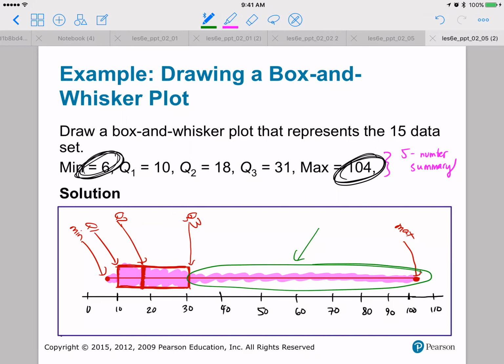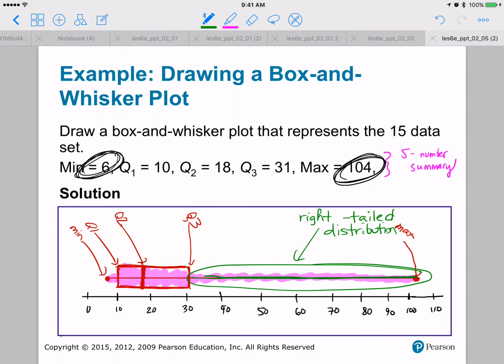This means we're going to have a right tail. So we'd have a right tail distribution, because we've got this long part. This is a long tail right here.